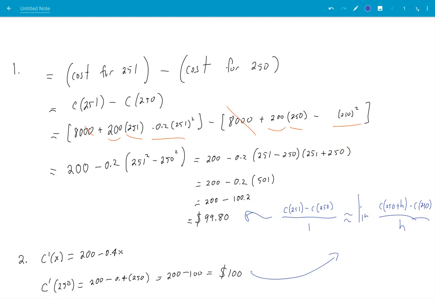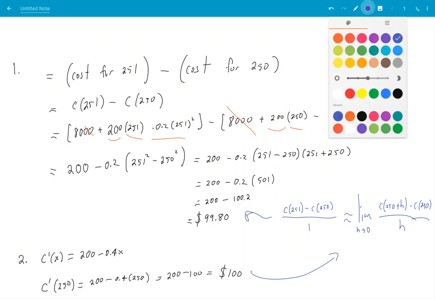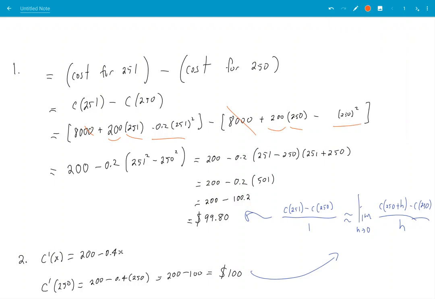Then we do a limit as h goes to 0, right? So I guess I want you to notice the similarities here. This fraction is the same as this fraction when h is exactly 1. So when you do the limit, you don't get the same thing, but it's going to be approximately equal.